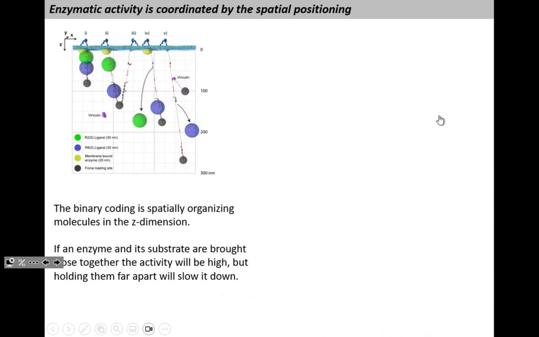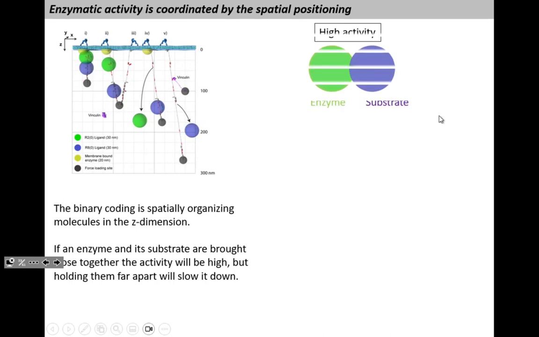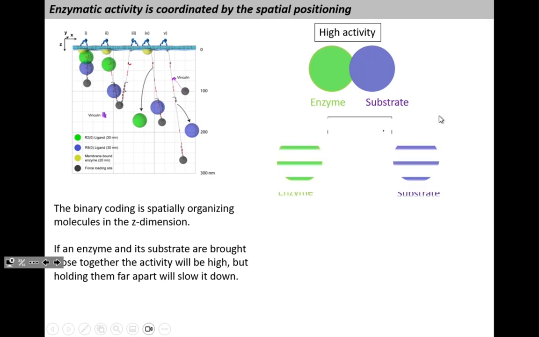And it gets to this framework where, if these enzymes are held close together, it doesn't take much to imagine that if you bring an enzyme and substrate close together, it can have high activity. And similarly, if you hold them very far apart, then they can't see each other, they never come into contact. So you can have these same molecules within a very small area with very different activation just by positioning them differently.